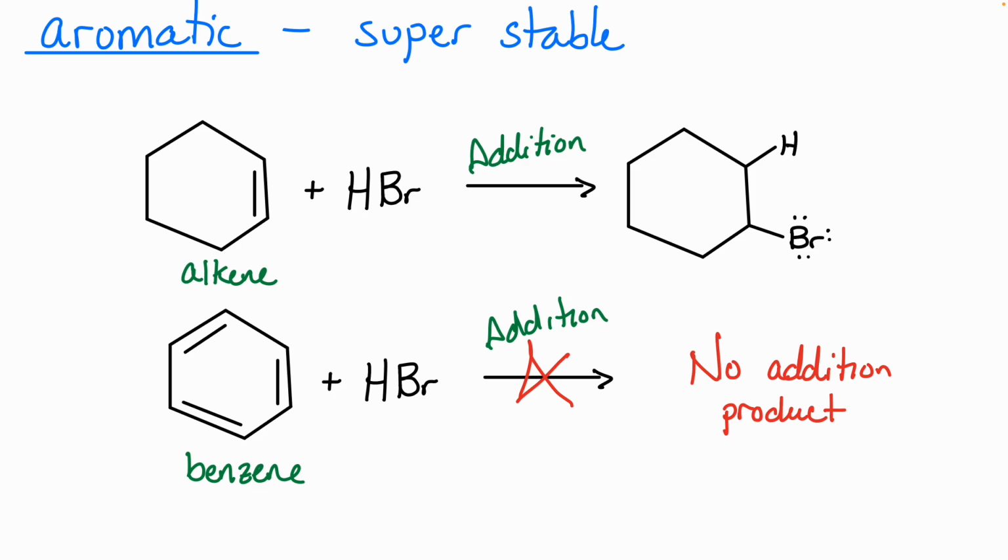In order to do so, it would have to break the aromaticity of that ring, and it's not going to do that, all right? Because again, aromatic compounds are super stable. So those double bonds do not behave the same as our alkenes.